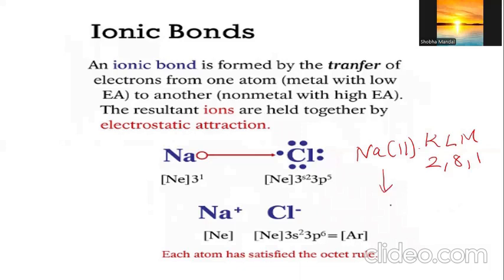So sodium, when it loses one electron, becomes sodium ion, which has 10 electrons and an electronic configuration of 2, 8, in which it resembles neon, the nearest noble gas, also having 10 electrons and a configuration of 2, 8.